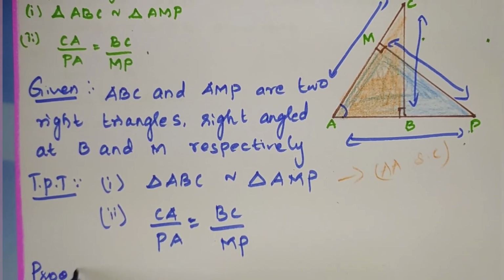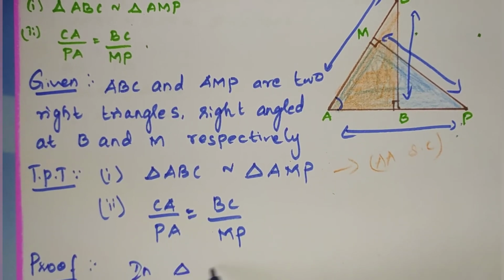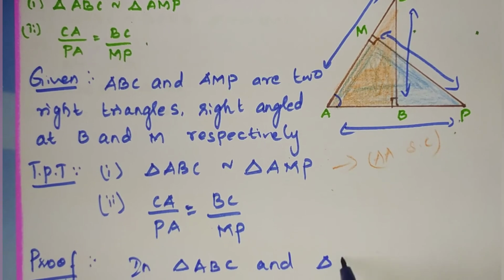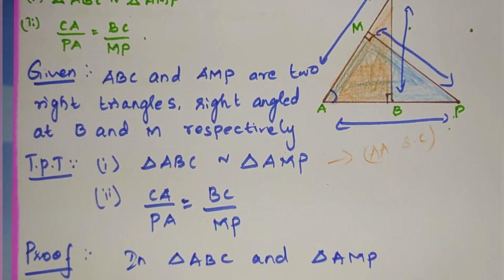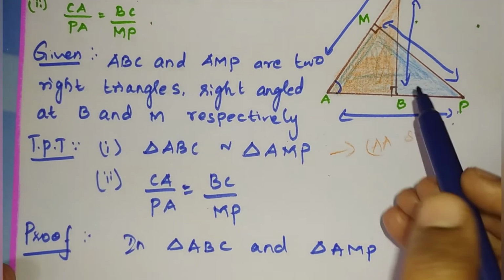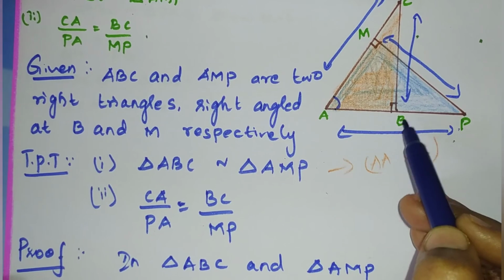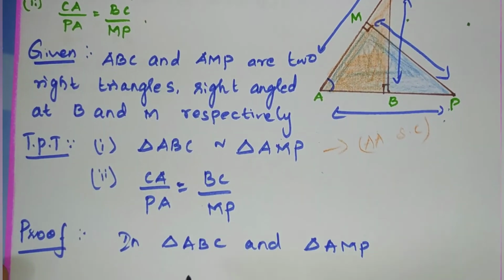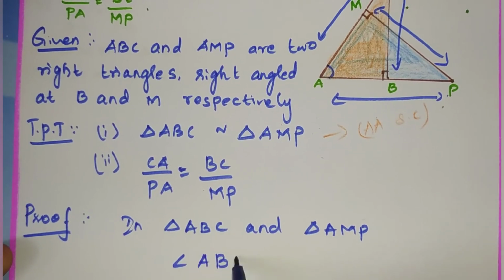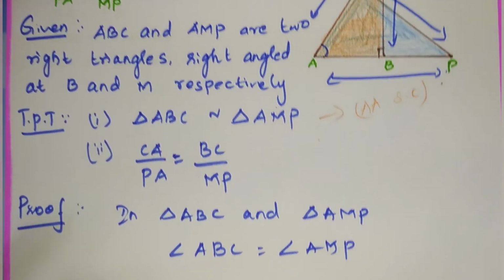Proof. First take the two triangles ABC and AMP. First mention the 90 degrees: B and M, the remaining are AC and AP.